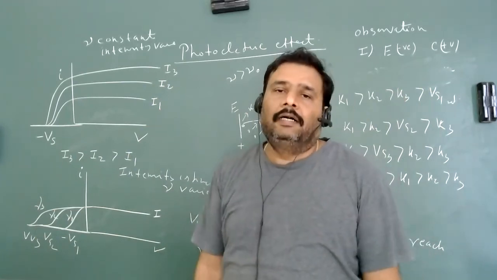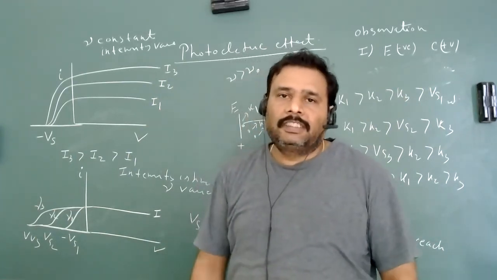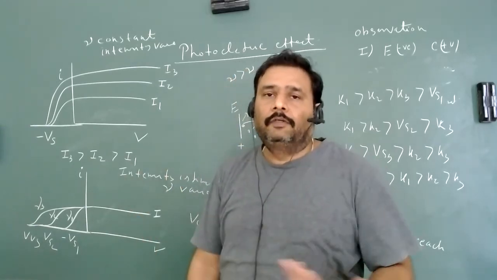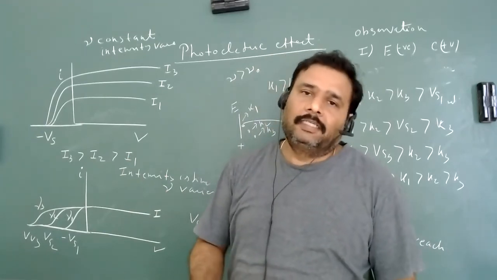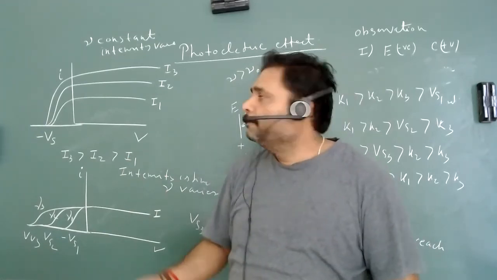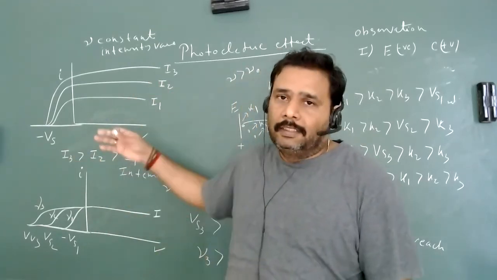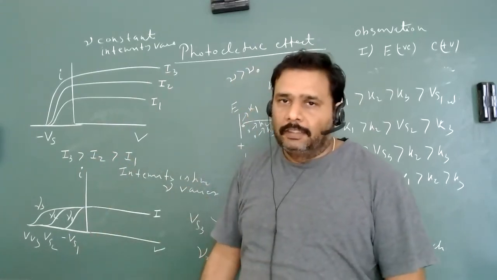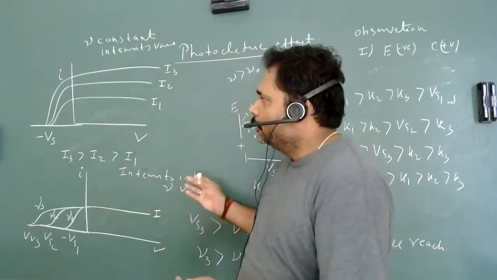So this is an entirely contrasting concept. We have this contrasting observation in the photoelectric effect given by Hertz, but unfortunately Hertz was not prepared. He didn't give any explanation of these observations. So this is a very different kind of situation.